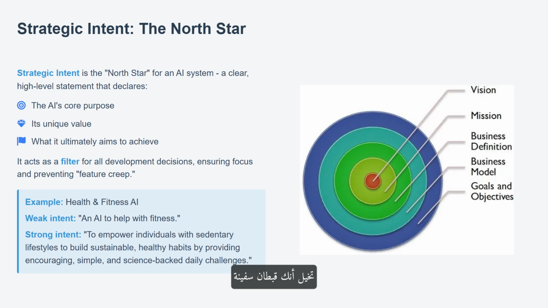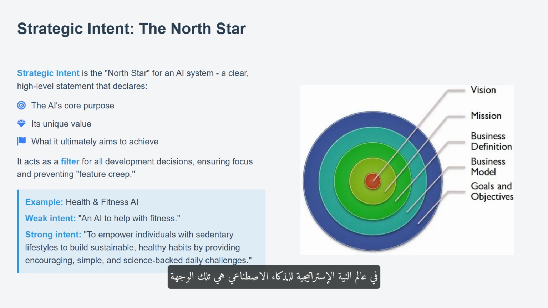Imagine you are the captain of a ship. Before you can hire a crew, plot a course, or even raise the sails, you must answer one fundamental question. Where are we going? Without a destination, your ship is just an aimless vessel, drifting at the mercy of the waves.